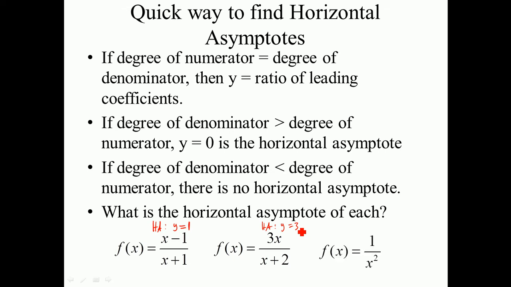And then here, remember, if it's just 1, that's the same thing as 1 x to the 0. Now the degree of the denominator is greater than the degree of the numerator. So since that's the case, your horizontal asymptote is y equals 0.